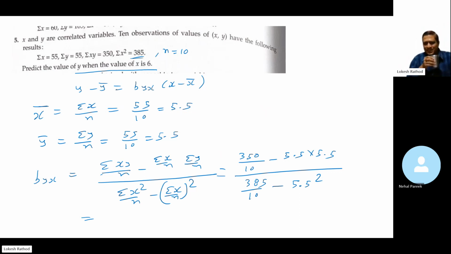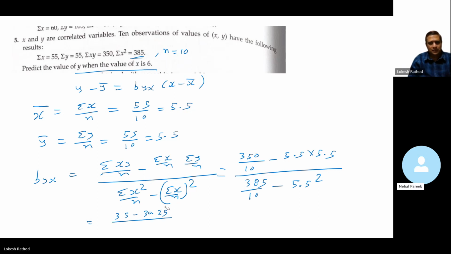It's 35 only, and 38.5 only. 5.5 square is 30.25, right?